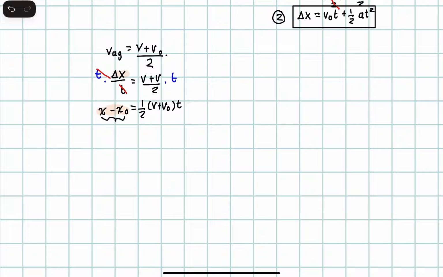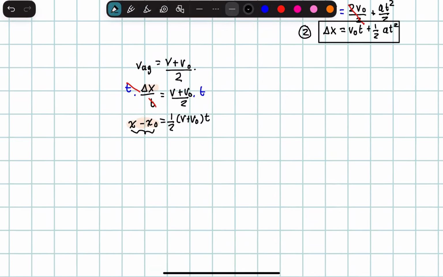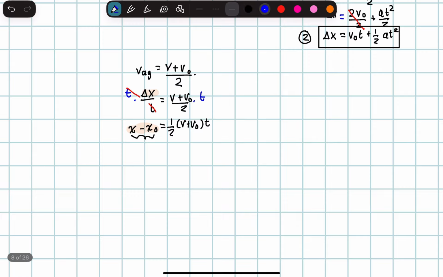And this is what you're left with by moving the 1/2 out front. Now, why is there a 1/2? Well, this is because velocity increases linearly, and average velocity is halfway between the start and end. And graphically, this is going to be the area under a straight velocity time graph.